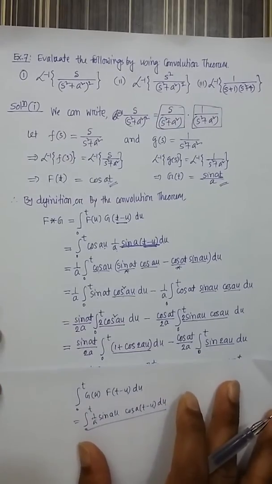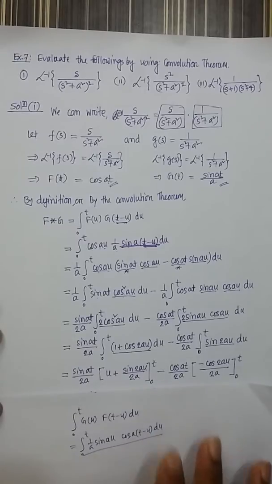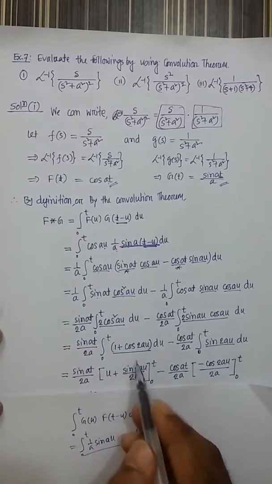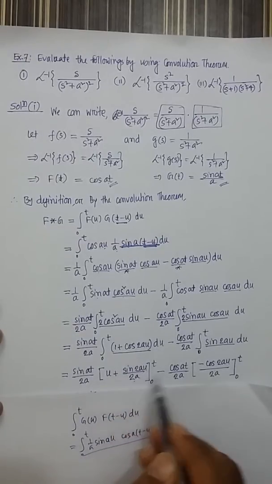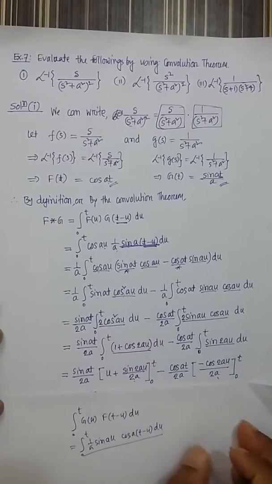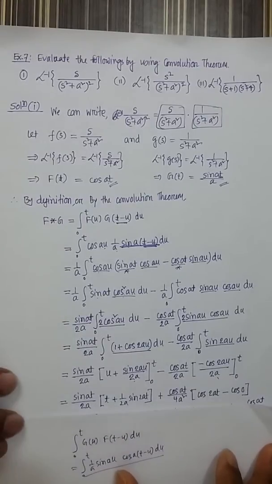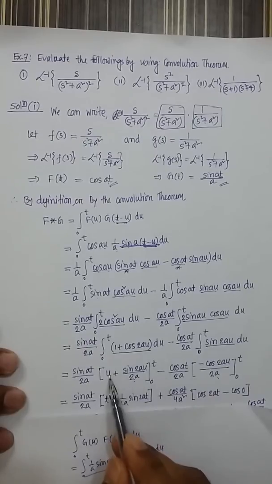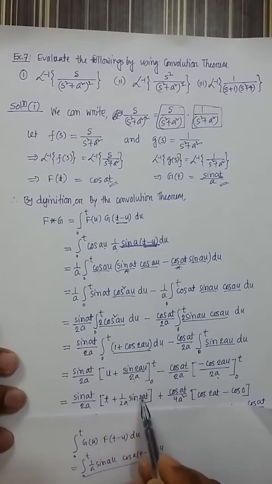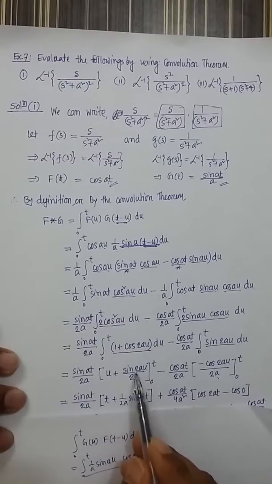Then we can easily integrate. It gives u plus sin 2au by 2a, and the other term becomes minus cos 2au by 2a. After putting the limit t, we get sin 2at by 2a, and for 0 this becomes 0, and this also becomes 0.